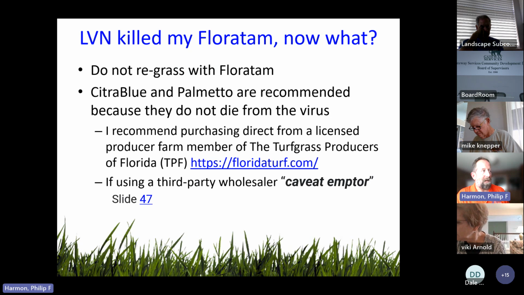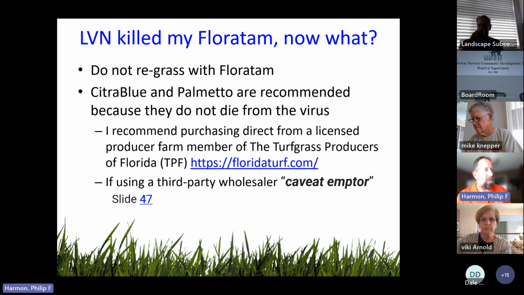That's an easy thing to say, but unfortunately, Floratam is very pervasive through the industry. It's sold as Floratam. It's also sold as other names and as components of other sod products that are mixes of different genotypes. So we have to be careful that we not only purchase sod that is not labeled Floratam, but is in fact actually not Floratam labeled as something else.